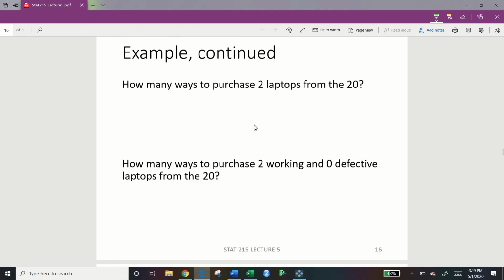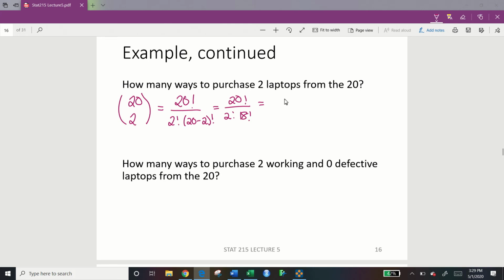Okay, so the first thing we want to know is how many ways to purchase 2 laptops from our 20. Now we know that there is no order to this, so we are thinking of a combination. In this case, we are going to do 20 choose 2. Using our formula, that is going to be equal to 20 factorial over 2 factorial multiplied by 20 minus 2 factorial. This is equivalent to 20 factorial over 2 factorial multiplied by 18 factorial.